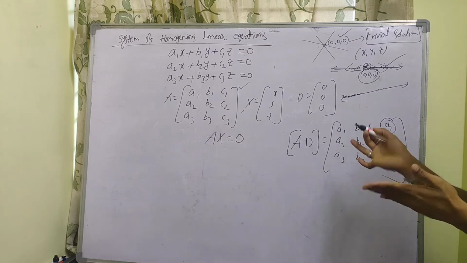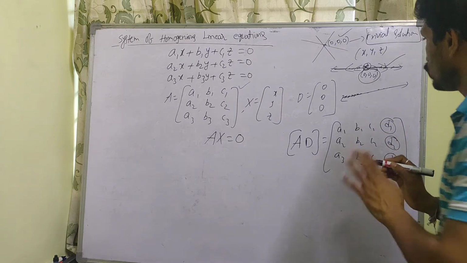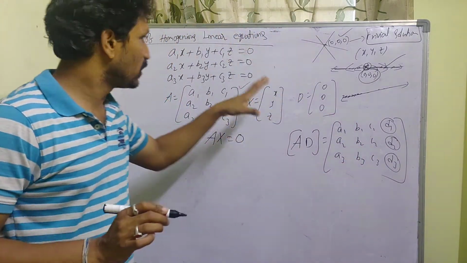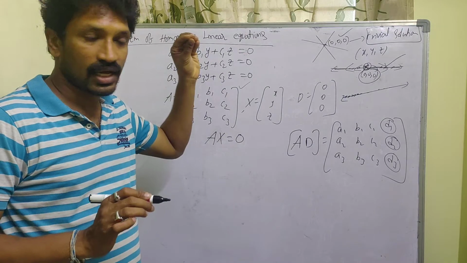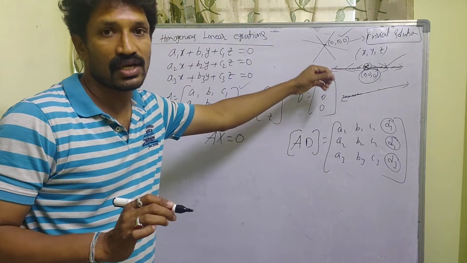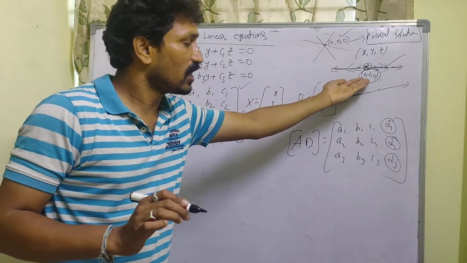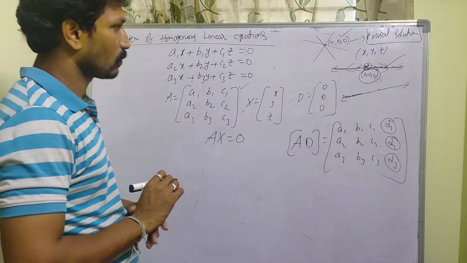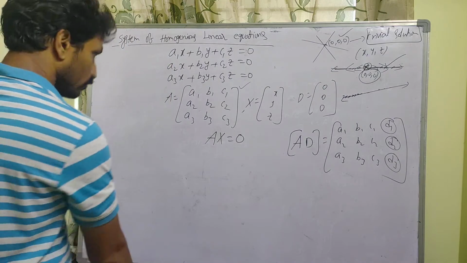Of course, you completed it in 10th class. So try to understand: always it has a trivial solution, and if it has infinitely many solutions, those other than 0, 0, 0 are called non-trivial solutions. Clear?